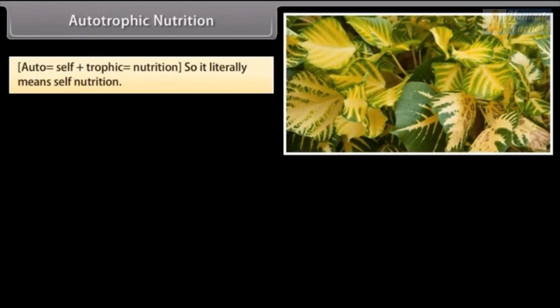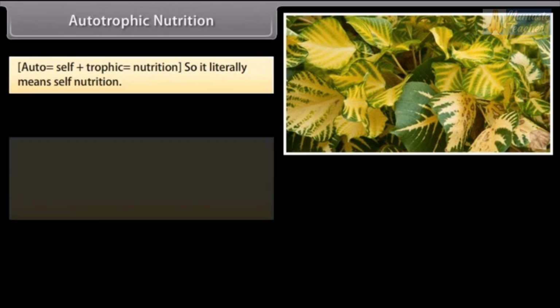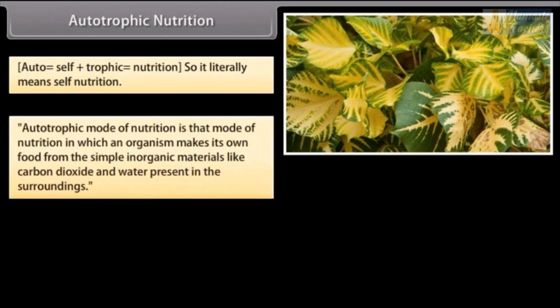Autotrophic nutrition. Auto means self and trophic means nutrition. So it literally means self-nutrition. Autotrophic mode of nutrition is that mode of nutrition in which an organism makes its own food from the simple inorganic materials like carbon dioxide and water present in the surroundings.